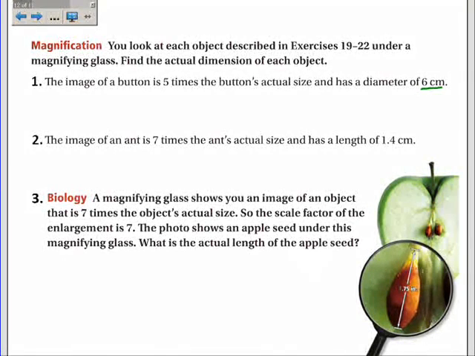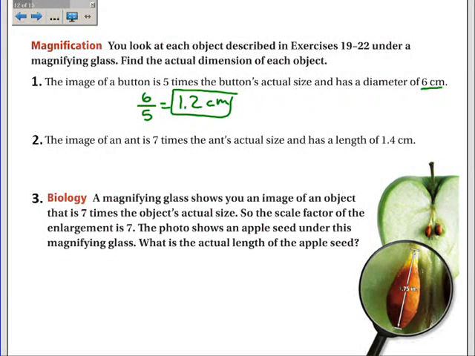How big is the actual button? Well, if it's 5 times larger, and what I'm seeing is 6, to go backwards, I'll divide by 5 and get 1.2 centimeters. So if I take the image length and divide by the scale factor, I'll get the length in the pre-image.